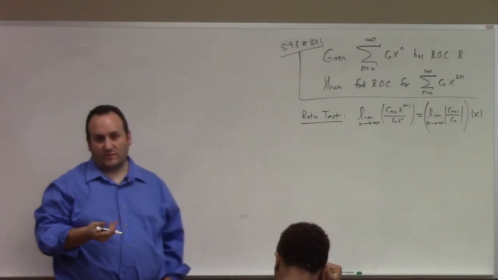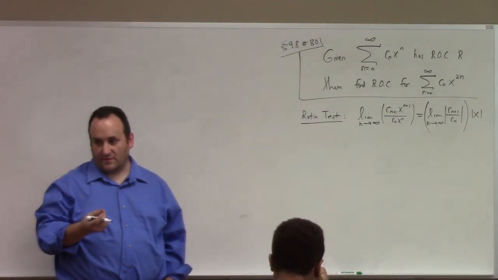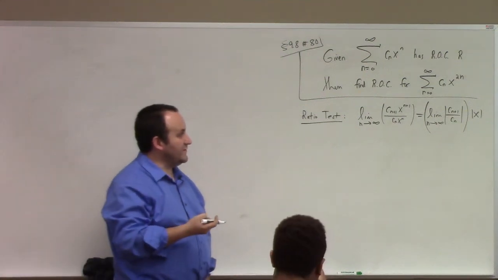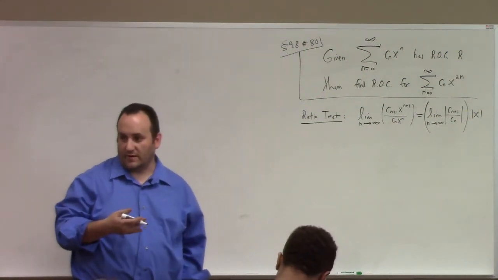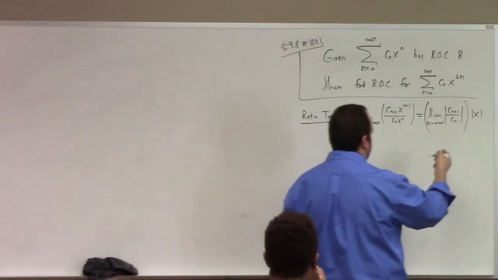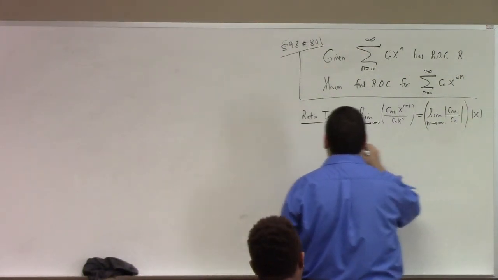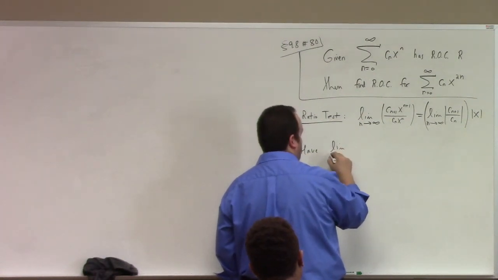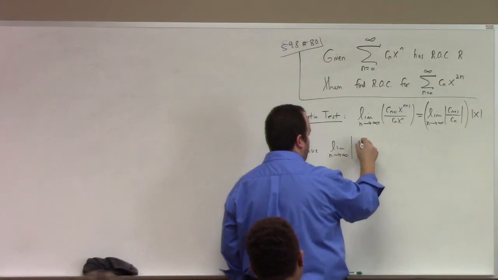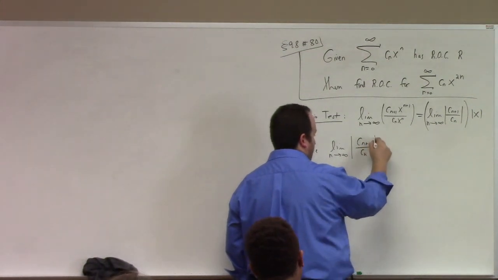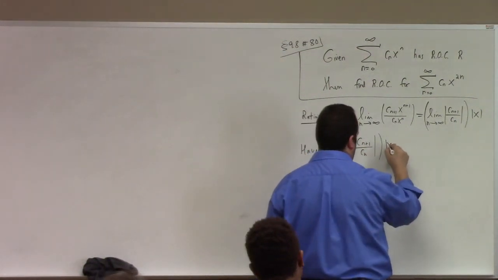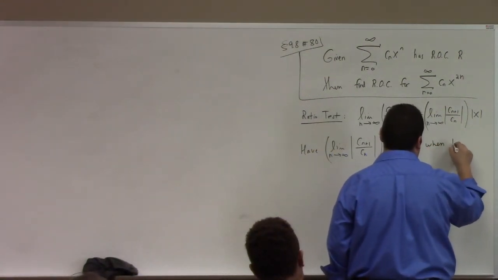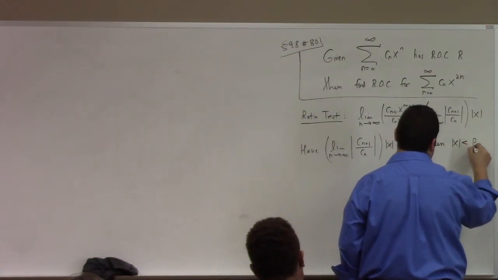That's the ratio test. Now we know that the series converges. It's given to us that it converges, so we have that the limit as n goes to infinity of Cn plus 1 over Cn times the absolute value of x is less than 1 when the absolute value of x is less than r.